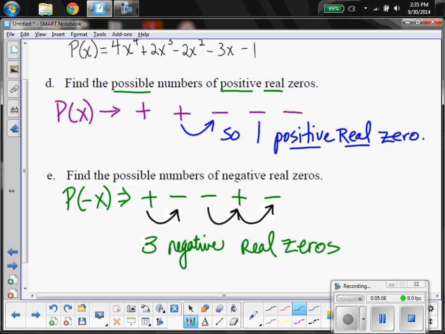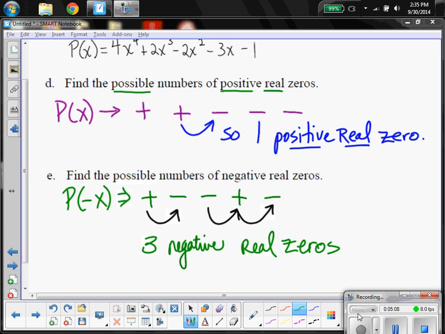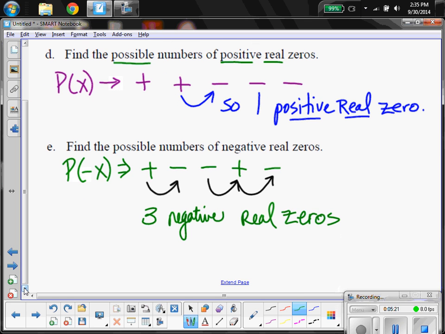Maybe this function crosses the negative side of the x-axis 3 times. Maybe it bounces once and crosses through again. Maybe it only crosses through, and all 3 of the zeros that are negative are the same number. These are all possible things that could happen here. And then we subtract 2 from this number until we reach 0 or 1. So another possibility is that we might have only 1 negative real zero.